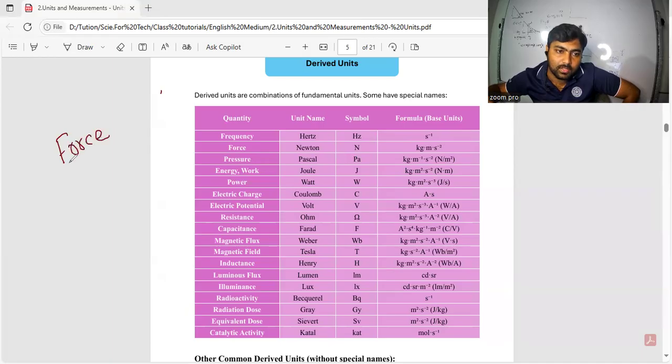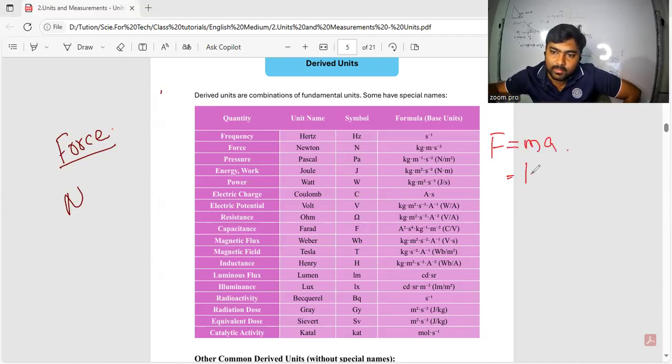What is the unit of force? Newton, N. Can you remember the equation for force? How to find the force? F equals ma.